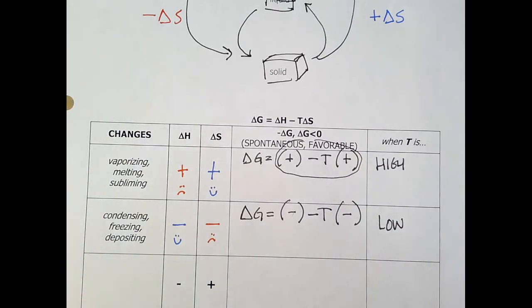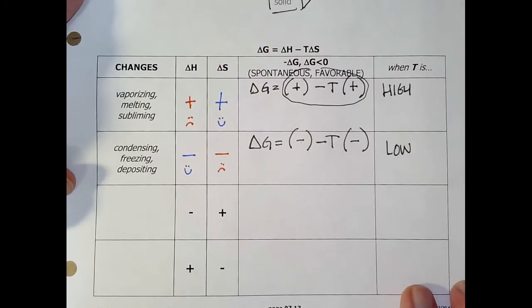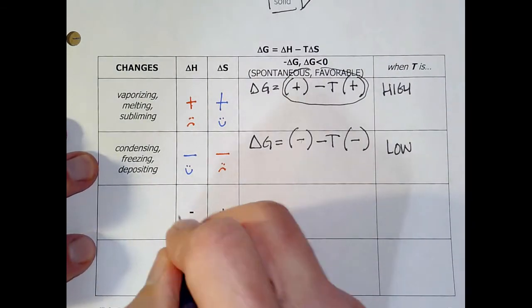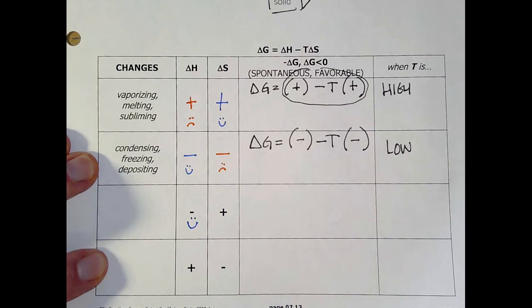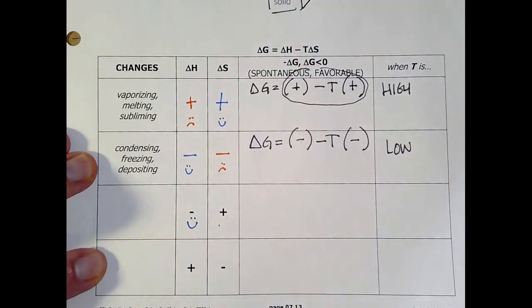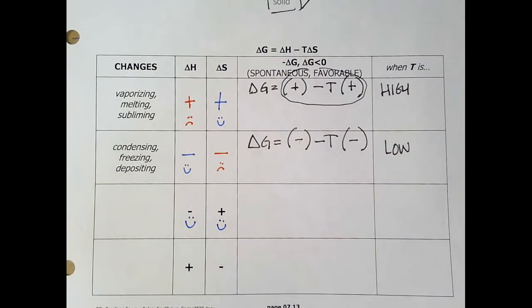Now, in the real world, we sometimes encounter this. I've got an exothermic reaction. That's good. And I've got a reaction that's getting messier. Looks like smiley face to me. But let's do some conceptual math.